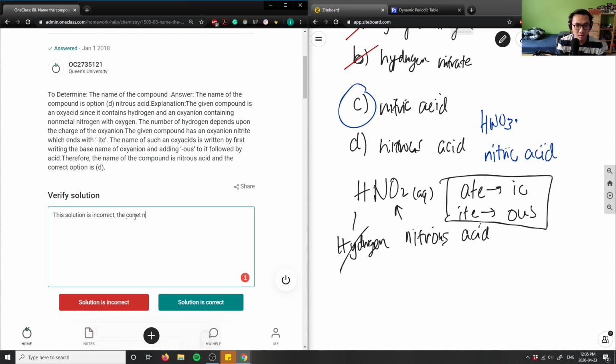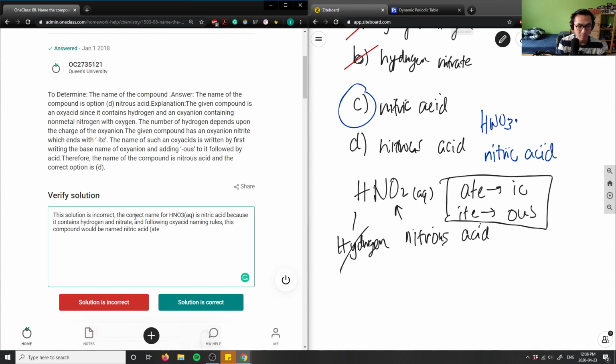The correct name for HNO3 (aq) is nitric acid because it contains hydrogen and nitrate. Following the oxy acid naming rules, this compound would be named nitric acid.